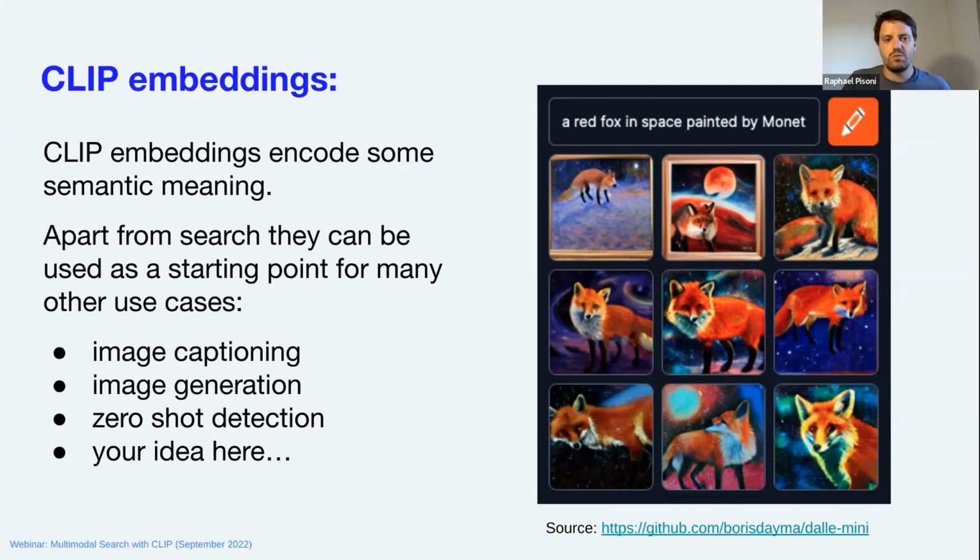So yeah, some really cool things are happening with these clip embeddings. On the right, you can see the example of DALL-E Mini, which is a model that generates images from text. And internally, this model also uses clip embeddings to represent the text and to create images that are similar to this text embedding.